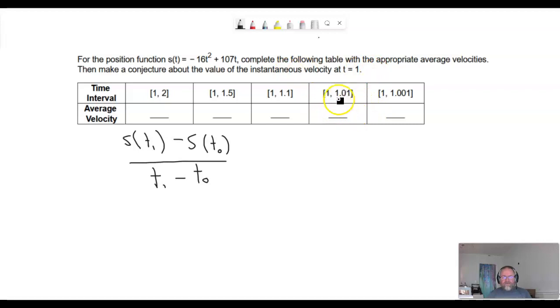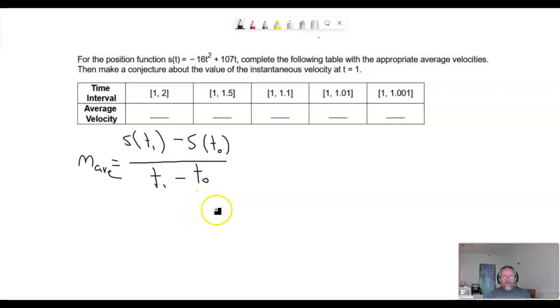Now, the average velocity means that we're going to find how fast you're going, let's say, at 2 seconds, and then 1 second, and then find the slope between those two points. So here's the formula, which is the slope of the average velocity, AVE.